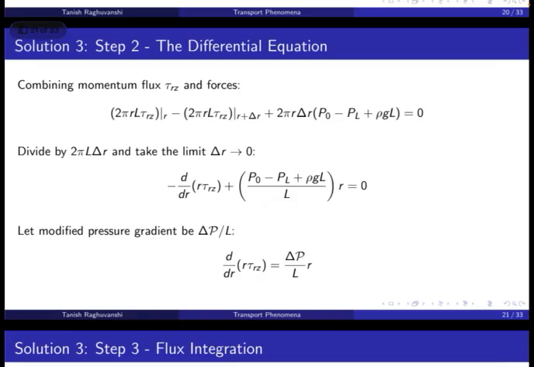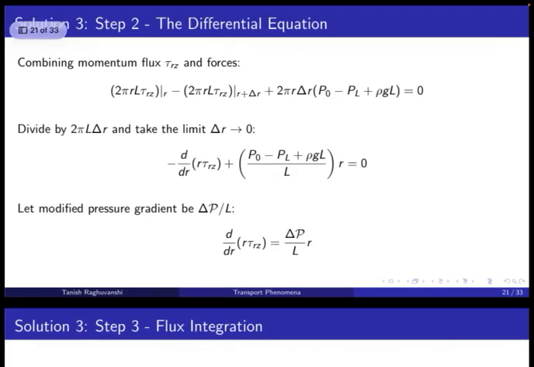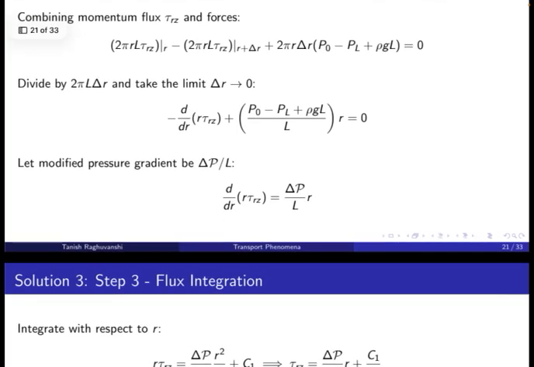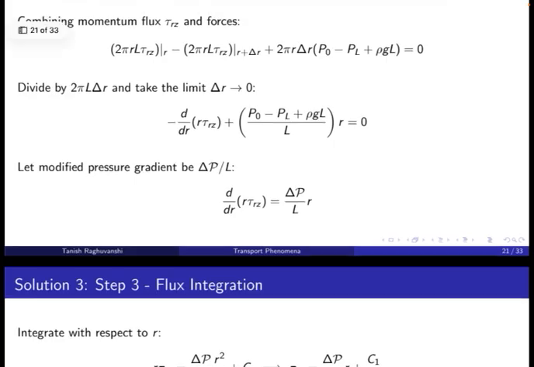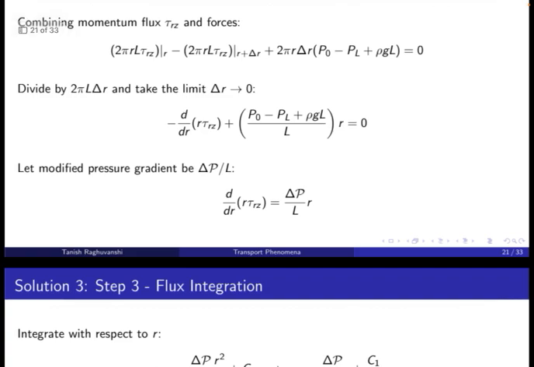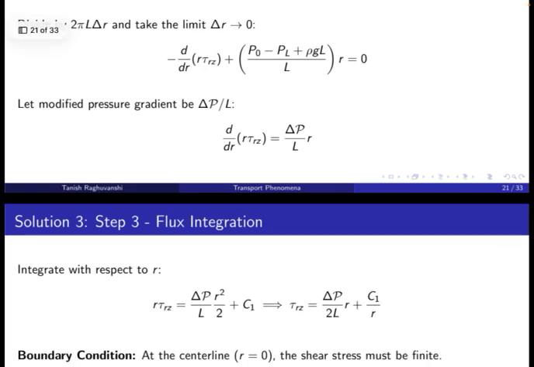Again, we divide by 2 pi L del R and take the limit del R tends to 0, which we can manipulate into this final equation: d by dr of r tau rz is equal to del P by L into R, which is the pressure gradient as well.